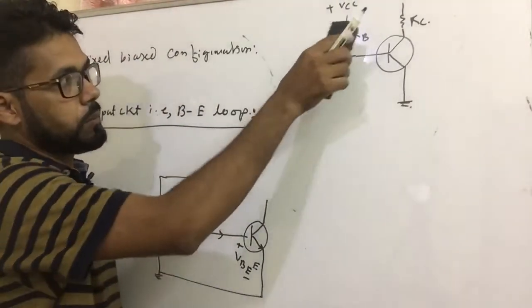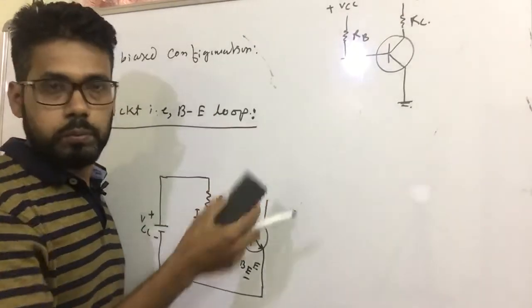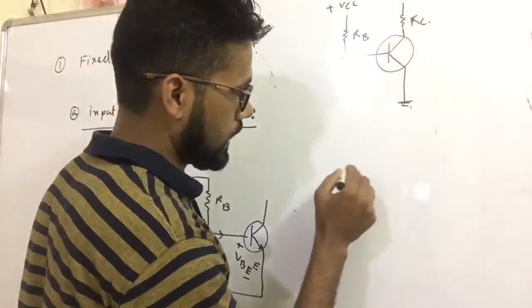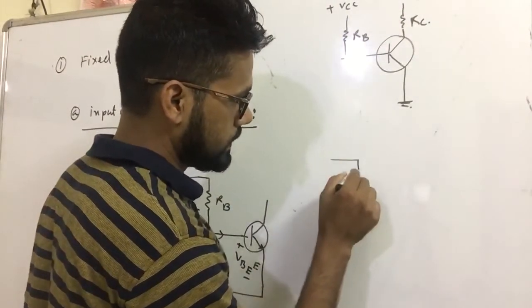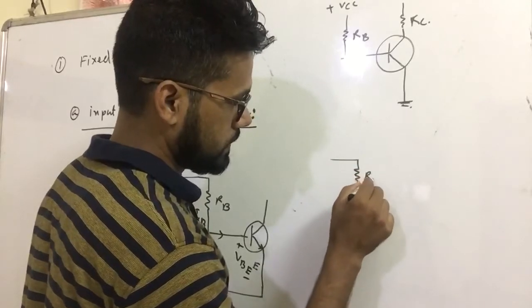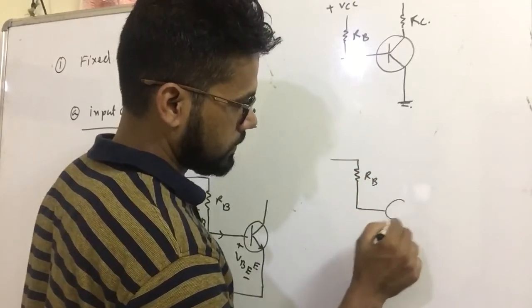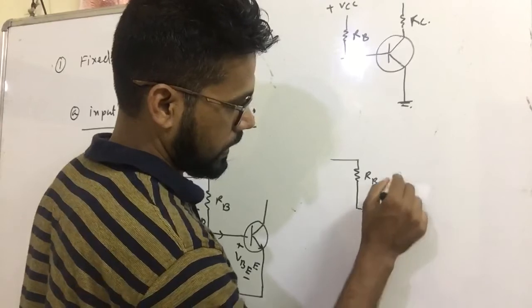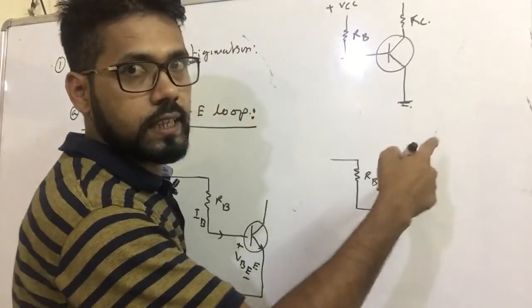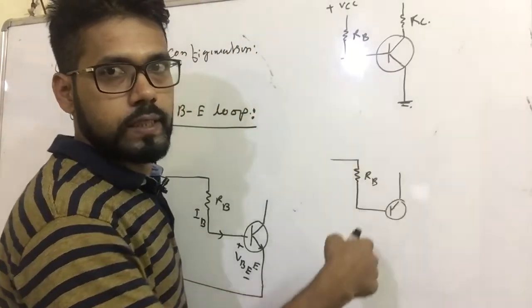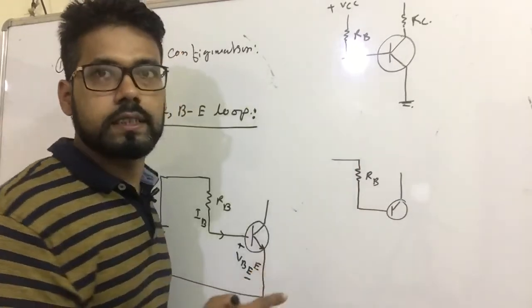Now I want to draw the input circuit. Input circuit means the base emitter loop. Again I draw RB and the transistor. The right hand side I am not drawing here because I am going to discuss the input circuit first.